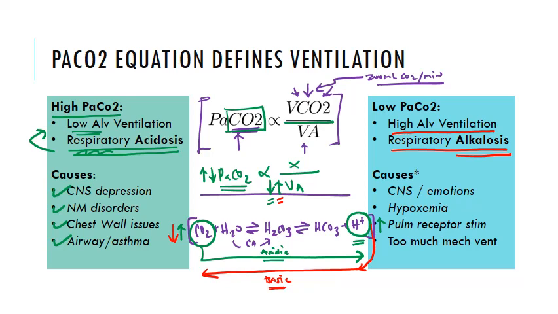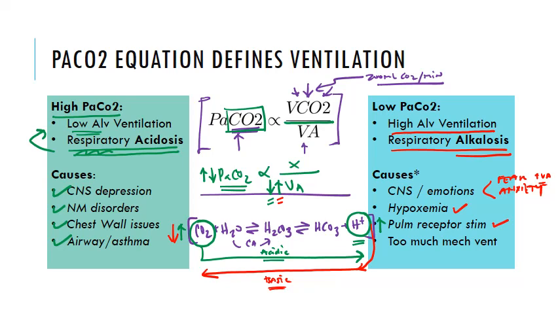Main causes of this can be CNS, or what we call supratentorial reasons, so things like fear, things like anxiety, which cause us to increase alveolar ventilation. We can have peripheral receptors get triggered via hypoxemic events.